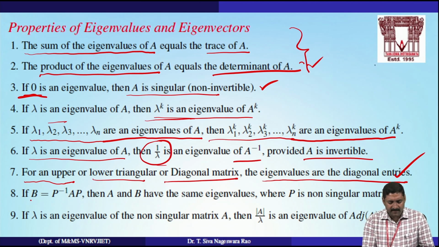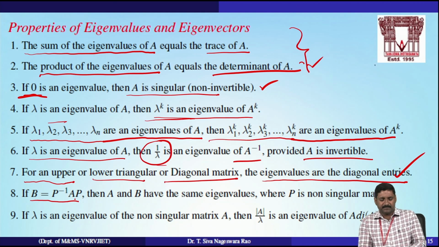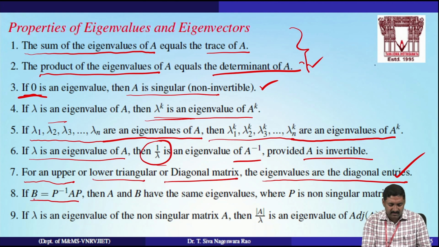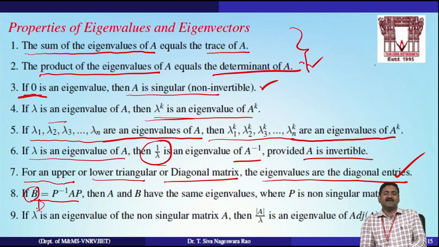Now next property: if capital B is equal to P inverse A P, then A and B have the same eigenvalues. See, in view of diagonalization, if you observe this formula, in place of B we have capital D. Now what is capital D?